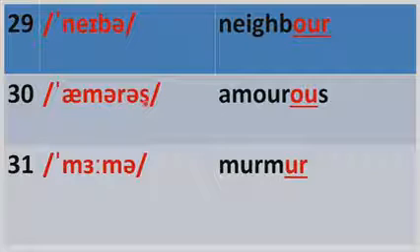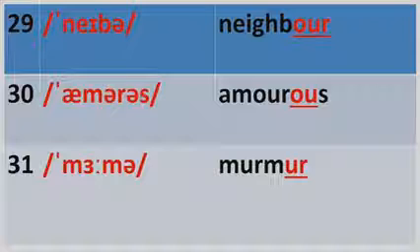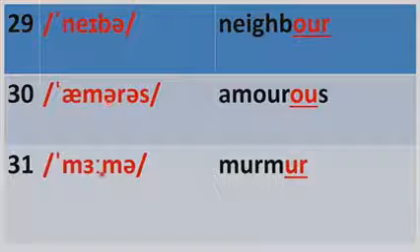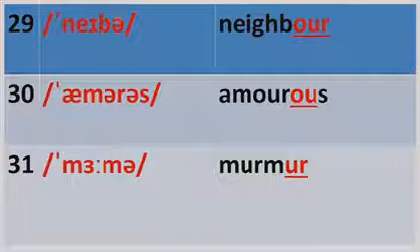But some will leave out this schwa, they will only have this, so it is pronounced amorous. And this, number 31, is pronounced murmur instead of murmur. Can we call the words neighbor, amorous? Then the last one, murmur. Great.